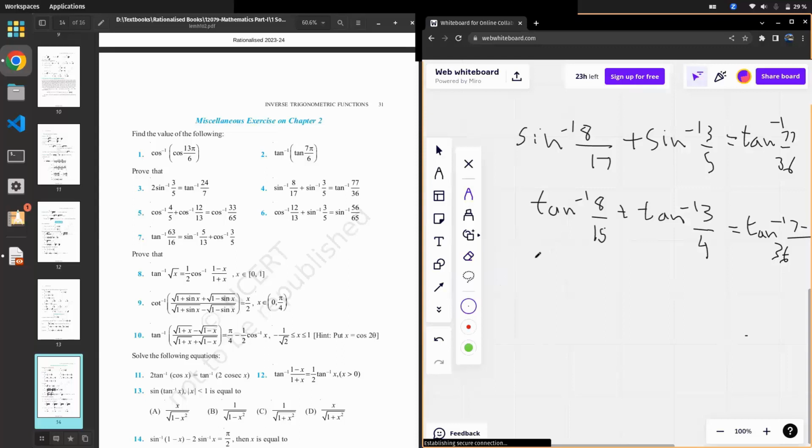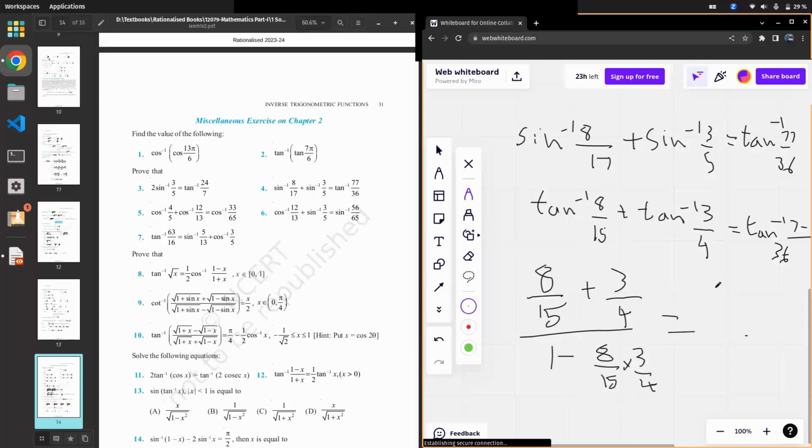So after applying, we will get it in the form of tan of A plus B. We know the formula of tan A plus B: it will be (8 by 15 plus 3 by 4) divided by (1 minus 8 by 15 into 3 by 4).